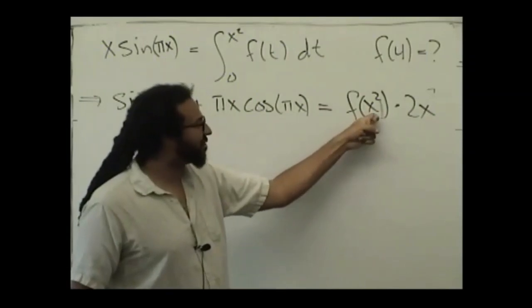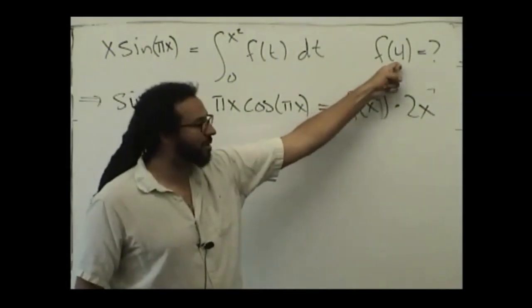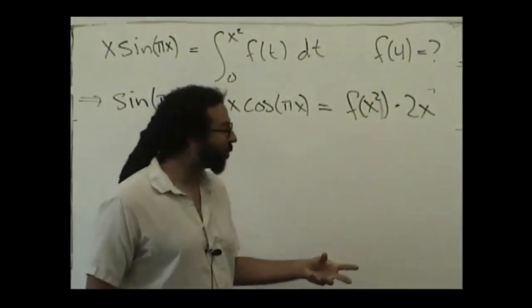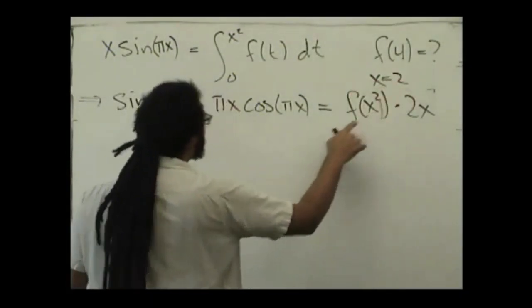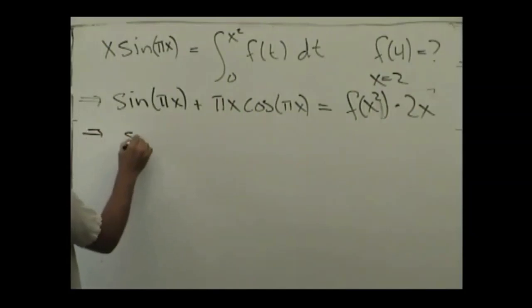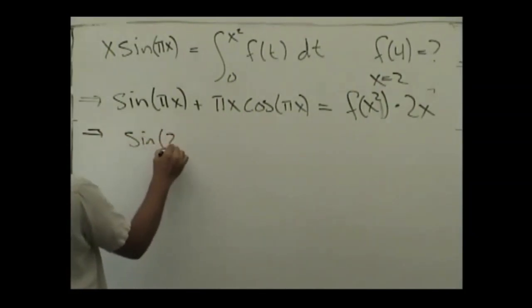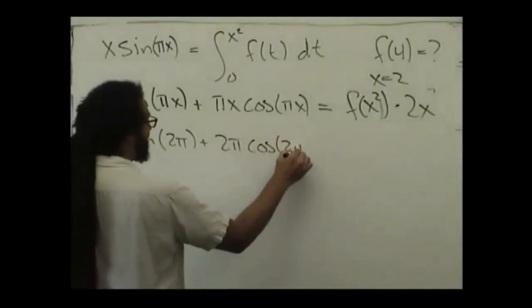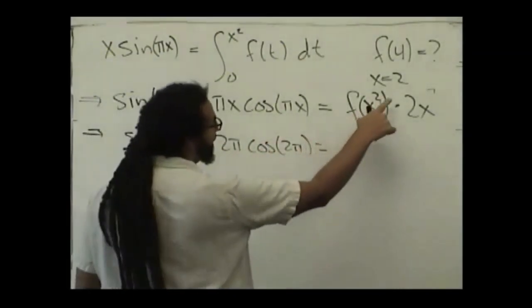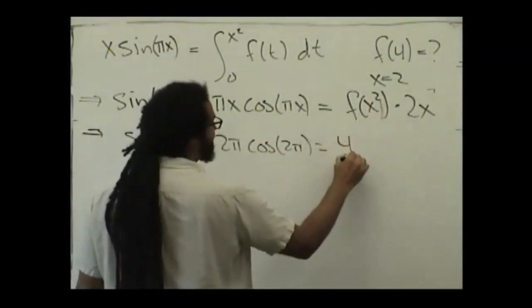So what x should I plug in to get f of 4? Well, it looks like 2 will work. So now I'm going to let x equal 2. And so this tells me that sine of 2 pi plus 2 pi cosine of 2 pi is equal to 4 times f of 4.